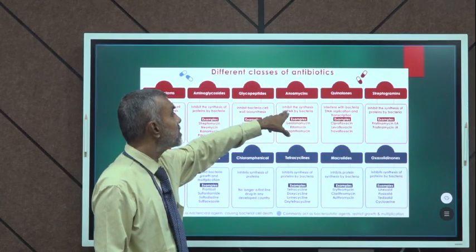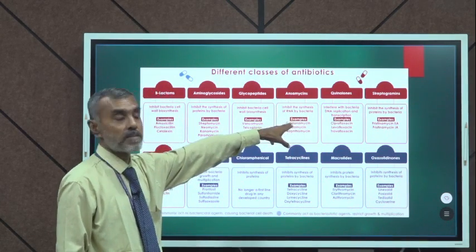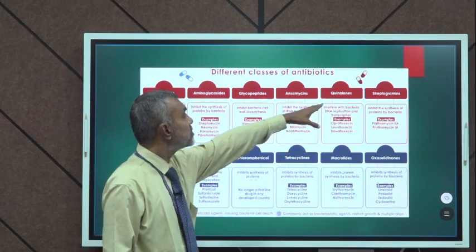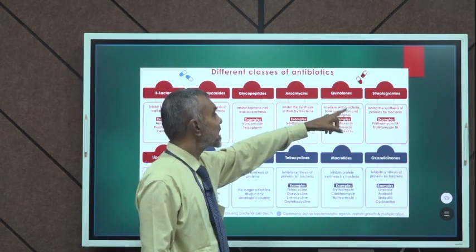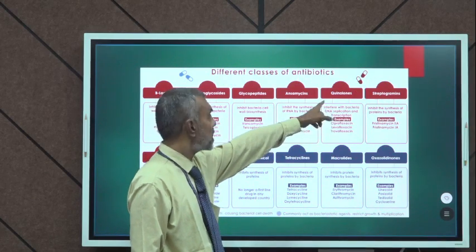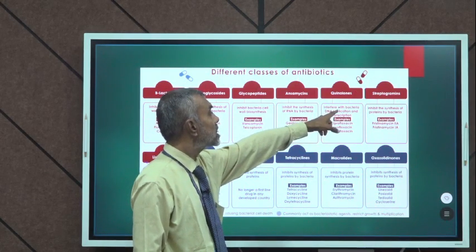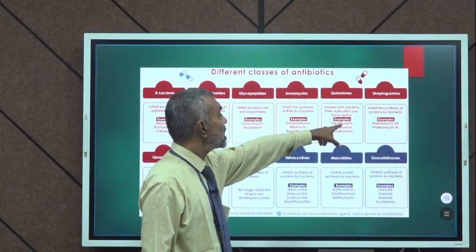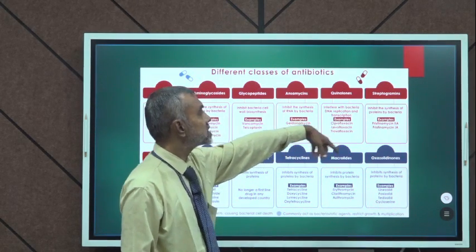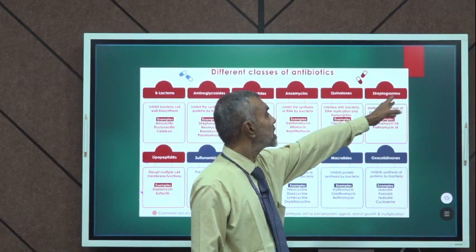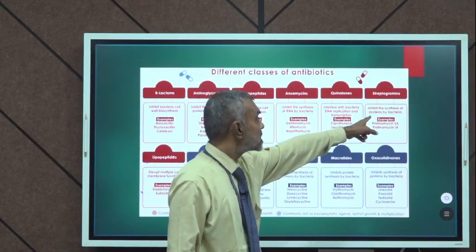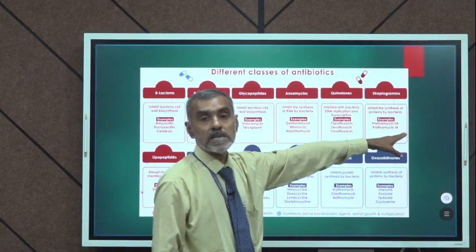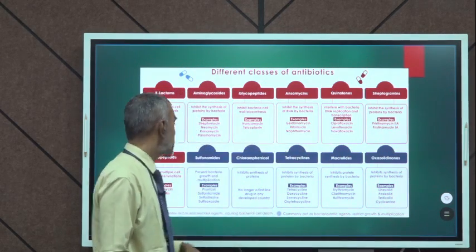Ansamycins inhibit the synthesis of RNA by bacteria, for example geldanamycin, rifamycin. Quinolones are another category of antibiotic which interfere with bacterial DNA replication, for example ciprofloxacin, levofloxacin. Streptogramins inhibit the synthesis of proteins, for example pristinamycin IIA and IA.